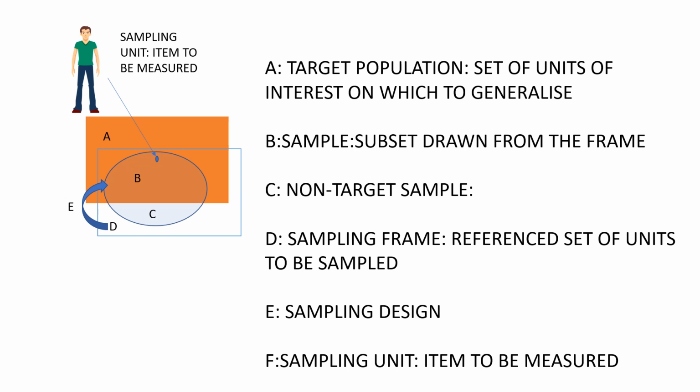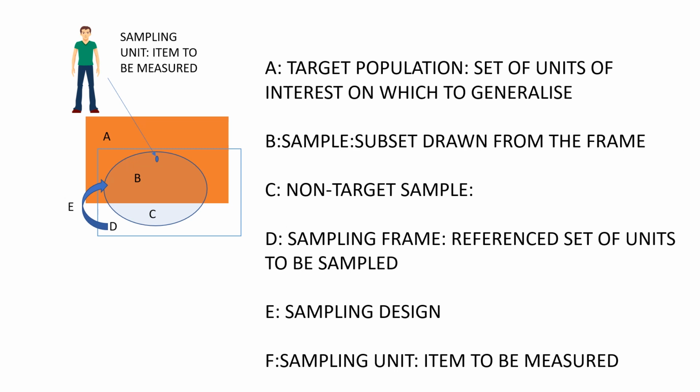And C is the non-target sample, which doesn't belong to the target population but is part of the sampling frame. The blue rectangle is the sampling frame, that is the reference set of units to be sampled.